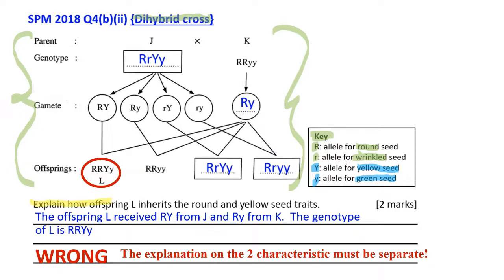Explain how offspring L inherits the brown and yellow seed trait.